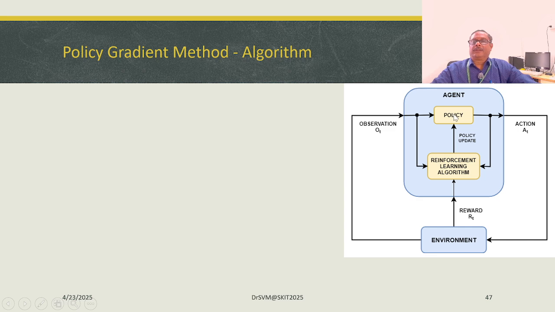The action at any given time t depends upon what is observed in the environment and the current policy. These two together will decide what action is to be taken by the agent, and this action is taken, and because of this the environment changes its state and will produce a reward r of t. This r of t is fed to the reinforcement learning algorithm.